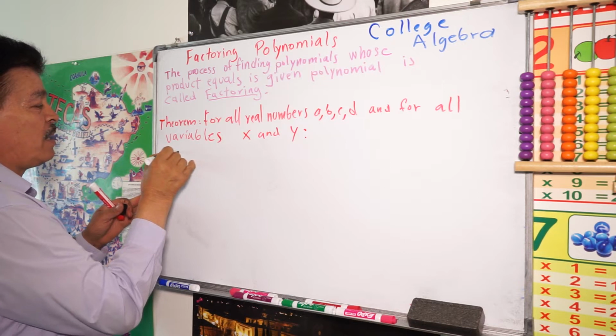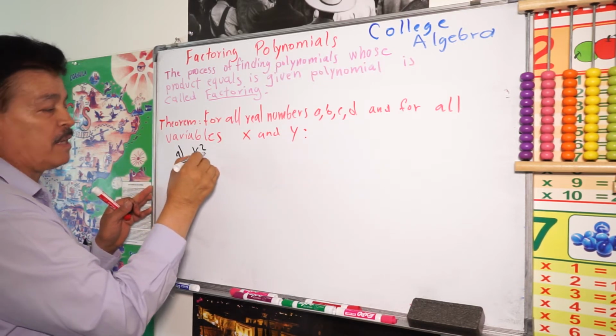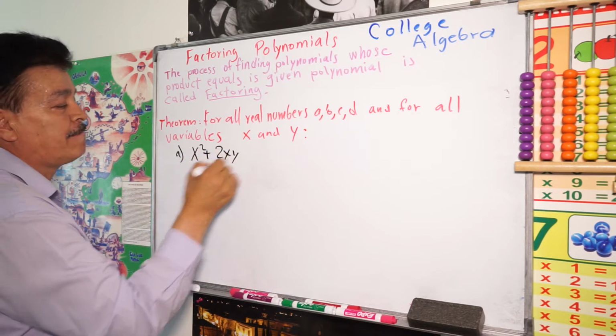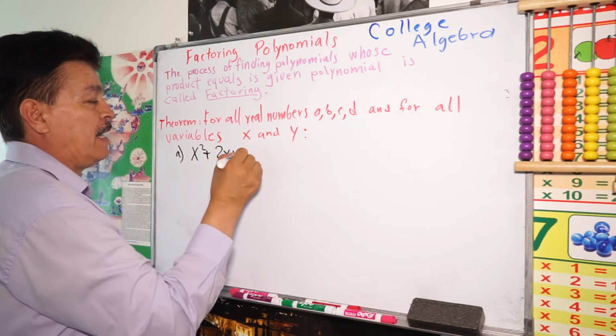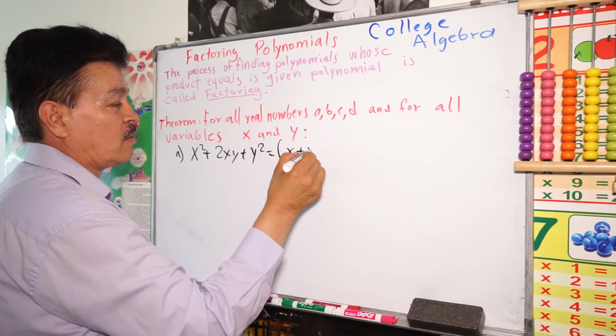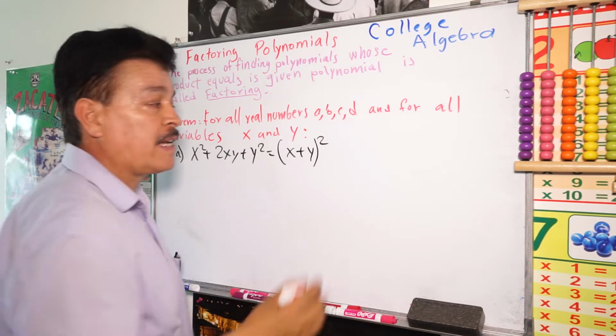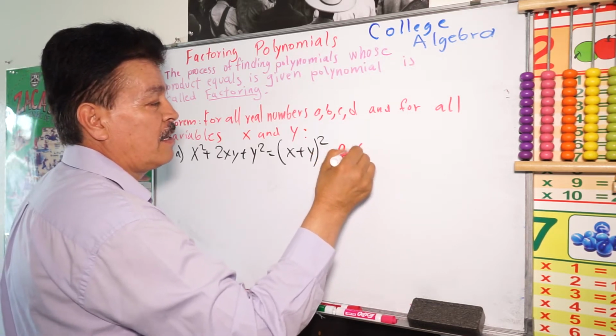Two cases. First one, we have x to the second power plus 2xy plus y to the second power equals x plus y to the second power. This is called a perfect square trinomial.